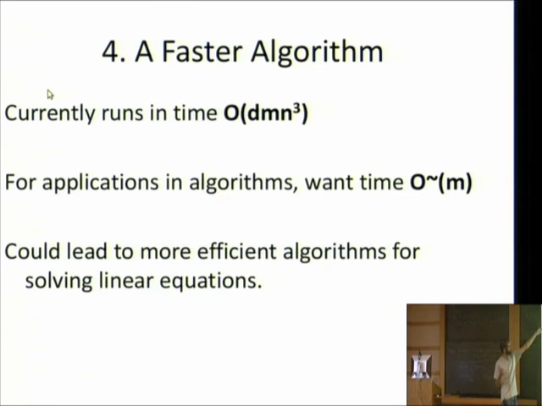So there's a big gap between m n cubed and m, but can some improvement be made? If you could get anywhere near there, you could probably use this to get more efficient algorithms for solving linear equations in Laplacians. This was the original motivation of Spielman and Teng, who came up with this notion of approximation in the first place, because they wanted fast algorithms for solving linear equations.